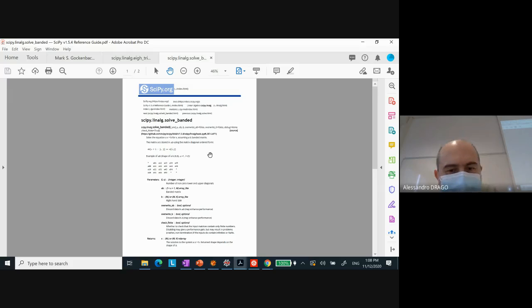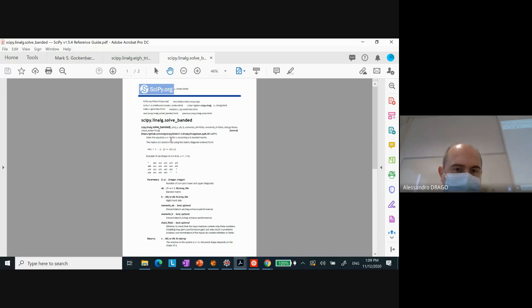Let's see. Okay, so after you have rewritten your matrix in this way, you start from your matrix A, you rewrite it as AB in this way. At that point, the program is easy because what you pass is l and u, meaning the number of non-vanishing diagonals in the lower and in the upper part, below and above the main diagonal, AB in this object.